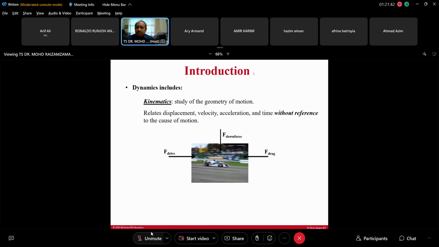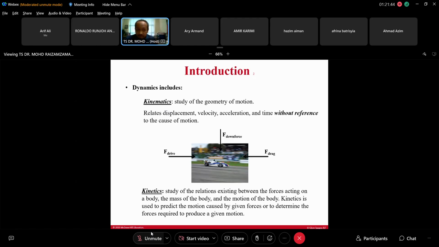So now let me give you a bit more detail. What is kinematics and what is kinetics? Kinematics is the study of the geometry of motion. That means all the kinematic quantities like displacement, velocity, acceleration, and time, without reference to the cause of motion. And then kinetics means what?